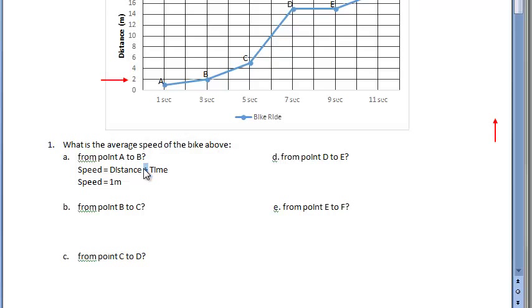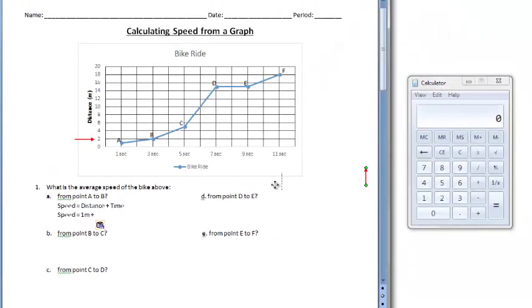now we need to find the time by looking at the graph as well. So we are going to see where point A starts at 1 second and point B is all the way over at 3 seconds.